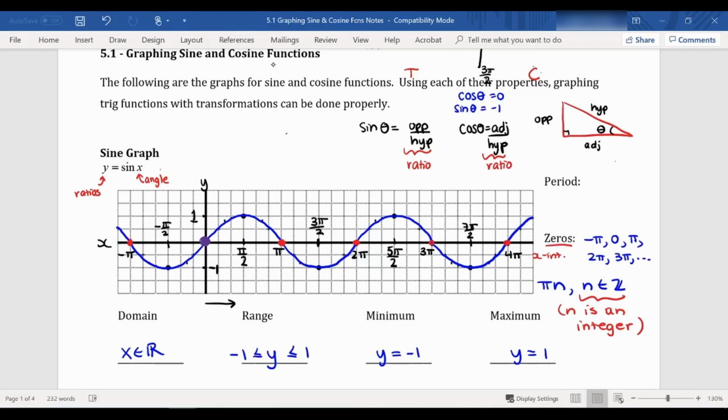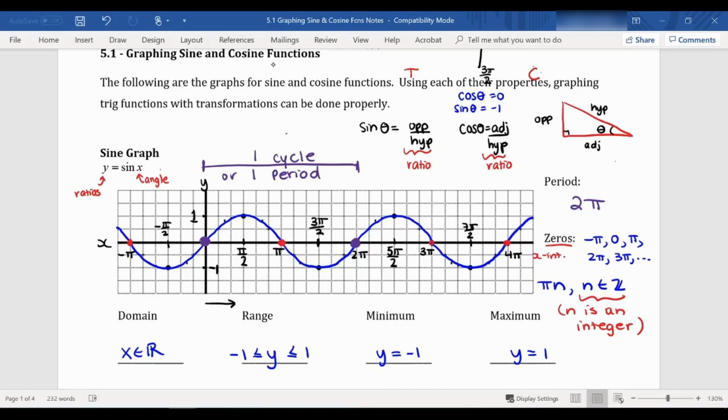If I start here, I'm getting back to that same starting point right here at 2 pi. So this is one cycle or one period. So our period is 2 pi, which again we talked about in chapter 4: you had to complete a full rotation around the quadrant system before any of your values started repeating themselves again.